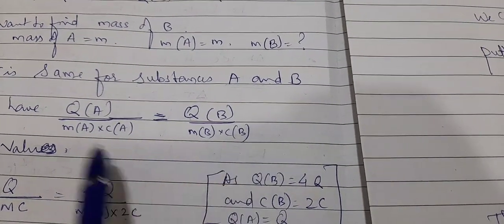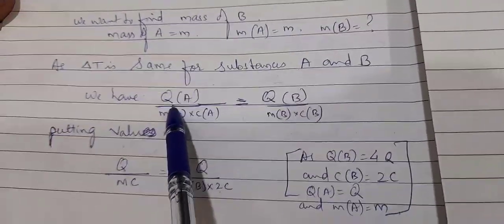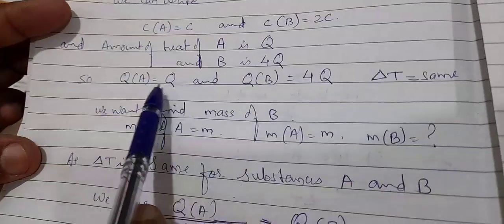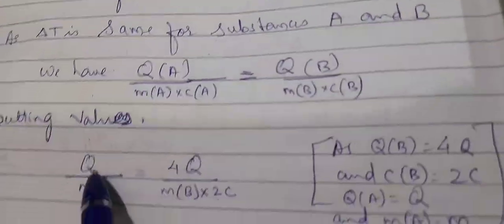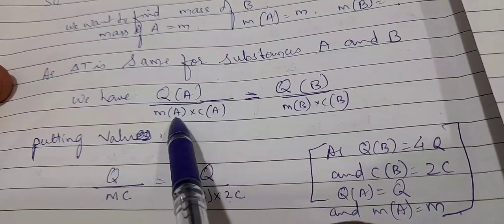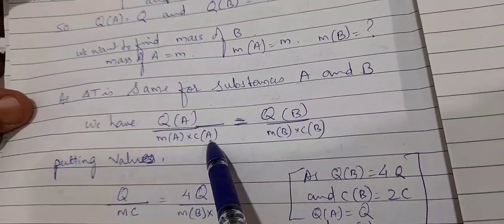Now we will put the values. What is Q_A? Q_A is nothing but Q. So I will write Q upon what is m_A? Mass of A is nothing but m. So I will write m. And what is specific heat of A?